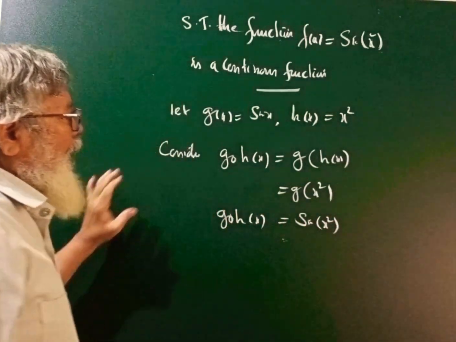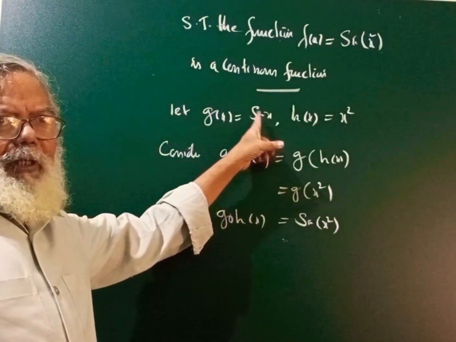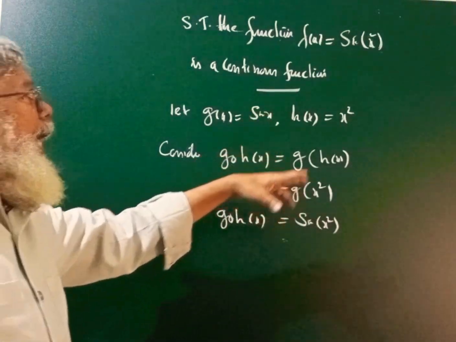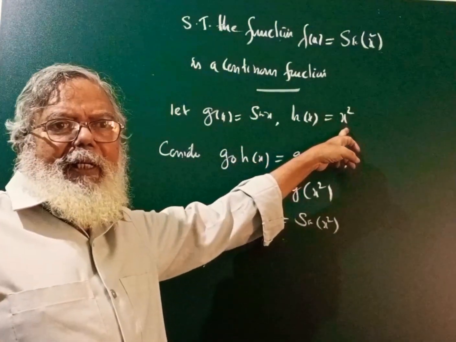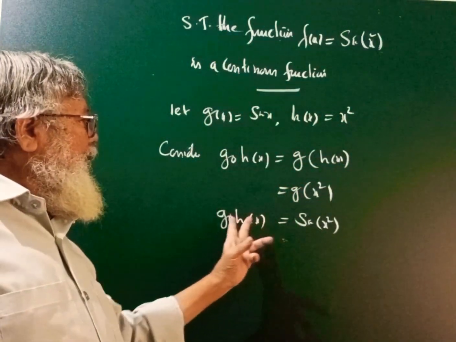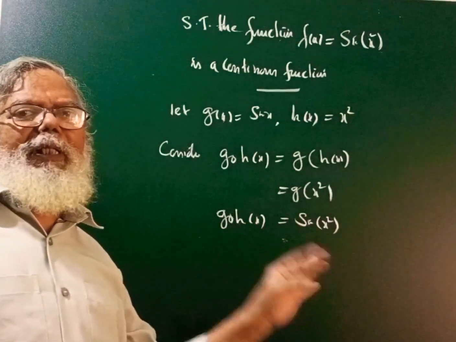Now see here, our argument is that sin x is a composite function. Sin x is a continuous function, already we know it. And because h(x) is a polynomial, it must also be continuous. Therefore, by the theorem, g composition h, which is equal to sin x square, must also be continuous.